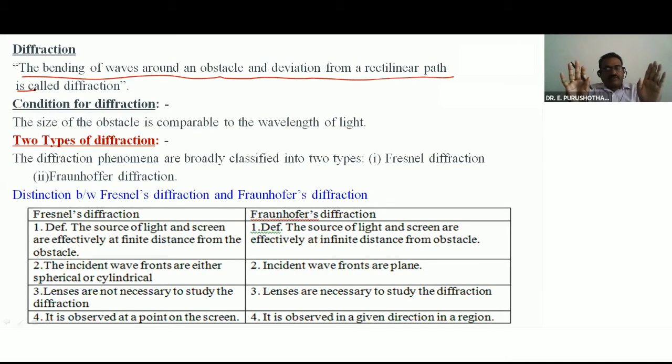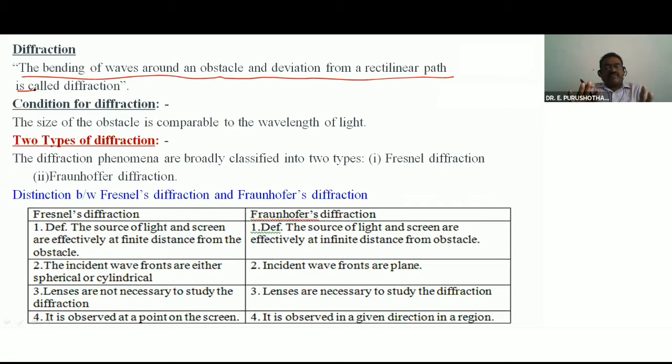The condition for diffraction: the size of the aperture or obstacle is comparable to the wavelength of light, nearly equal.